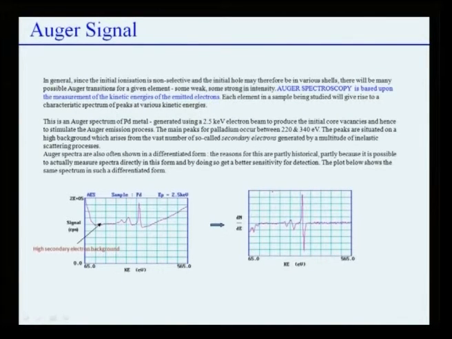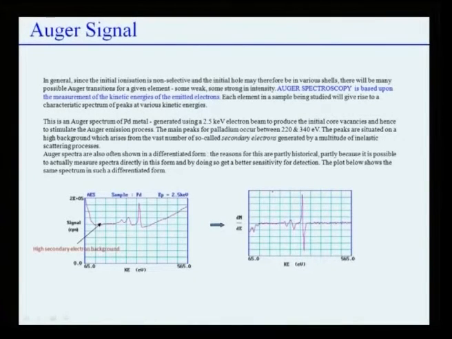Now the next thing to discuss is what is the AES signal, or how does the AES spectrum look like. In general, initial ionization is non-selective, because how the hole in the K level is created is non-selective, and the initial hole may therefore be in various shells like K shell, L shell, M shell, any shell, because that depends on how the initial ionization has taken place.